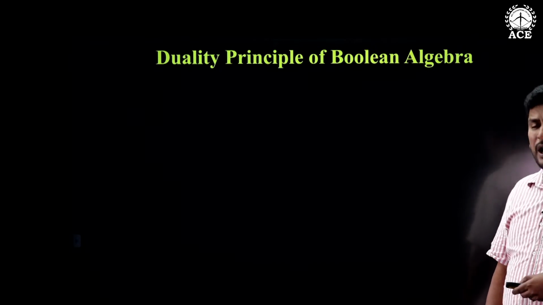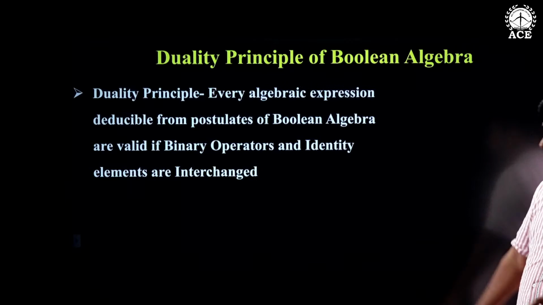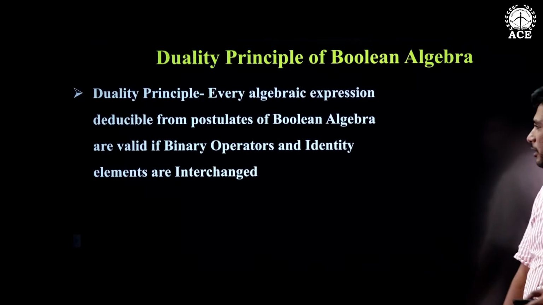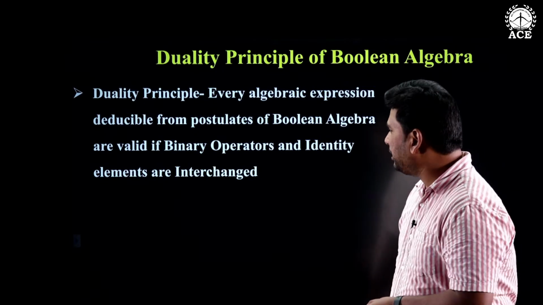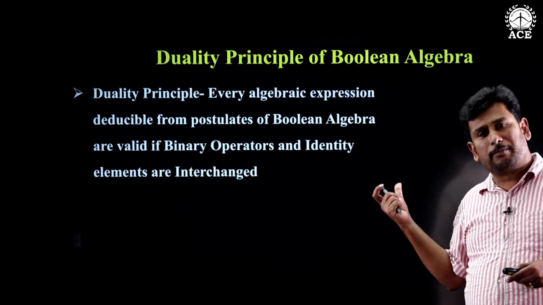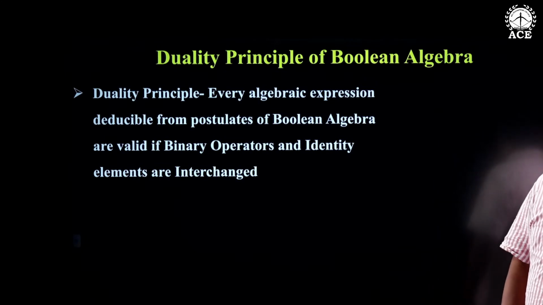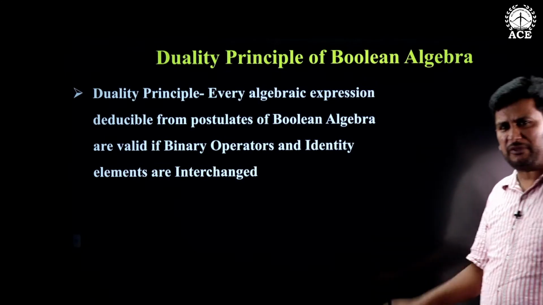The duality principle states that for every algebraic expression we have been seeing here, we have a set of binary operators, and when you interchange those binary operators and identity elements, we get the dual. Sir, a bit confusing.